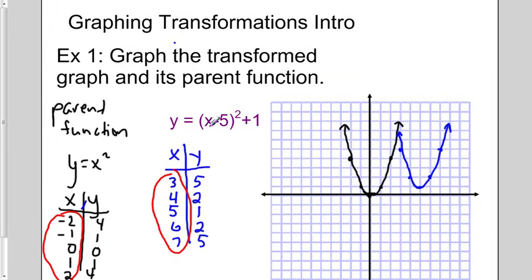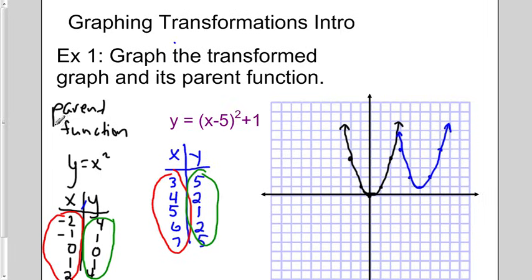If this was x plus 5, then I would start at -7, go to -6, -5, and so on. So I want to make this value 0. That's going to be my middle number. And then all the y values, let's look at those. We'll circle those in green. All of those are our parent function, but we add 1, and that's from going up 1. Just something to notice for a little bit later.